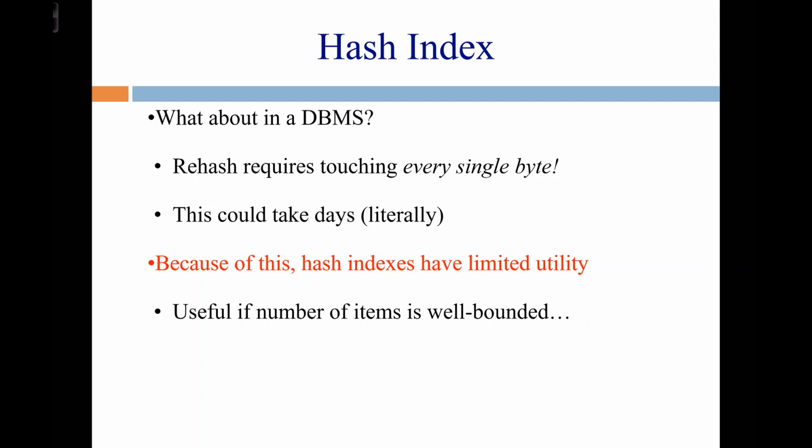They are useful if the number of items you're putting into the index is well bounded. So if you know the maximum number you'll ever put into it, then you could just make a hash index that has capacity twice that, so you can always keep the load factor less than 50%.